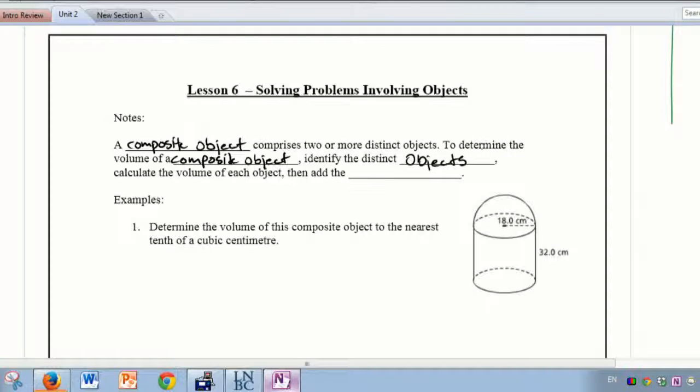So you need to figure out what you're working with. Calculate the volume of each object, then add the volumes together. So kind of funny that we would have just completed a question exactly like this, and this is the first one that comes up for this lesson.